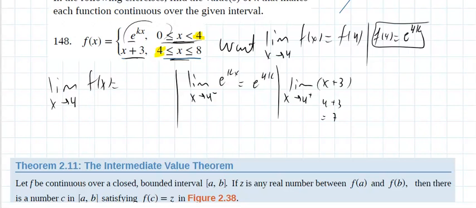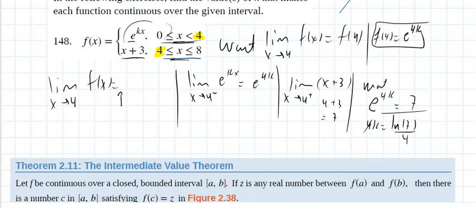Now, what do we want? We want the limit to exist. For the limit to exist, we want the limit from the right to equal the limit from the left. That means 4k must be natural log of 7, and k must be natural log of 7 divided by 4.